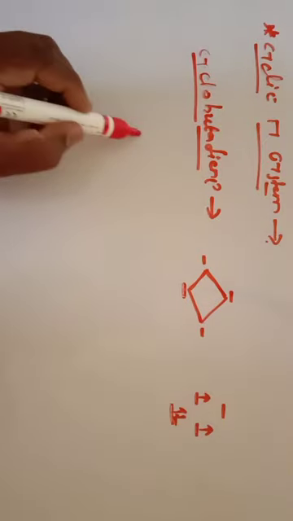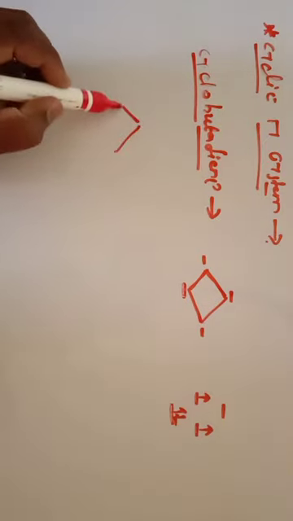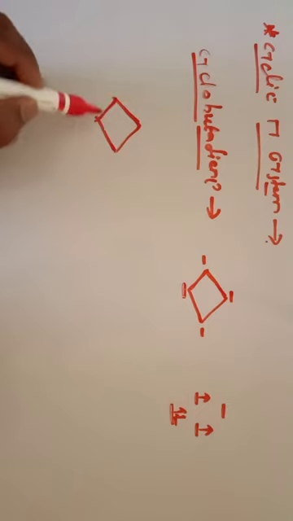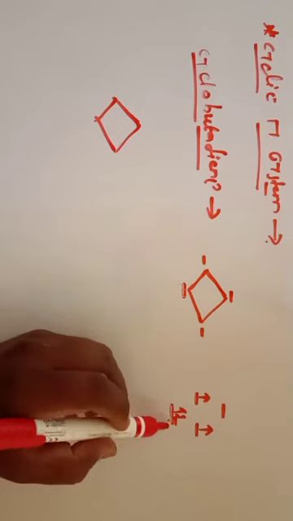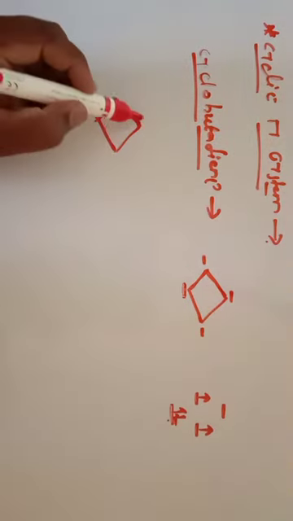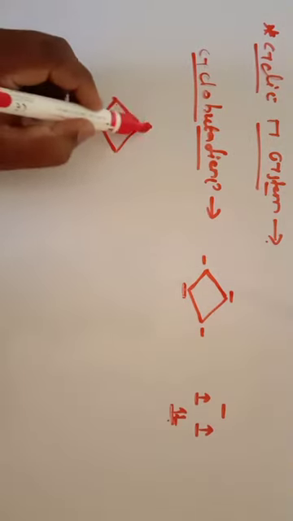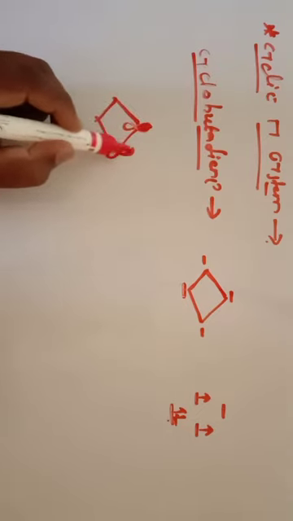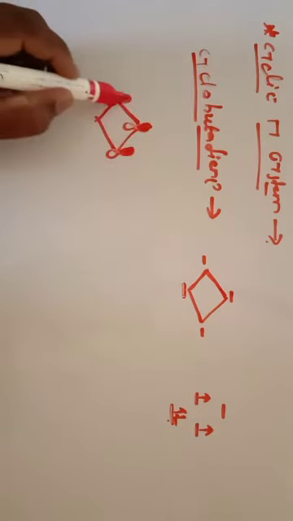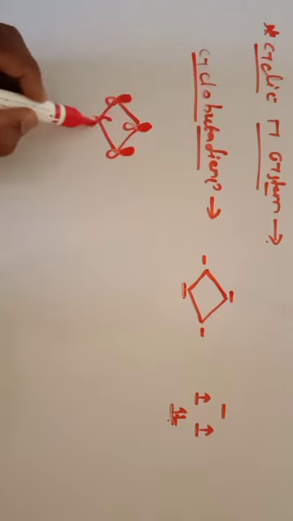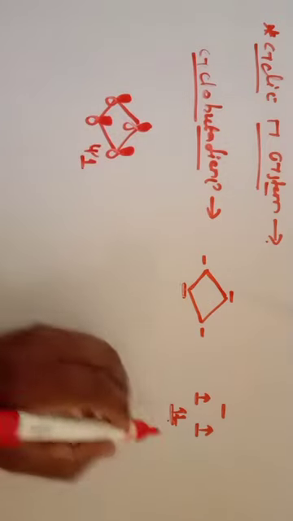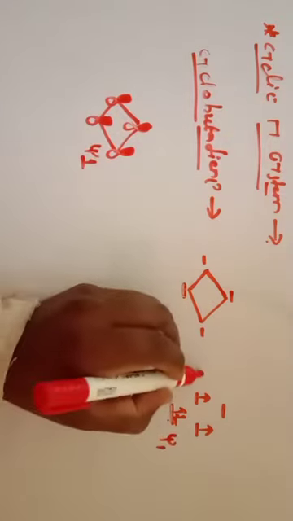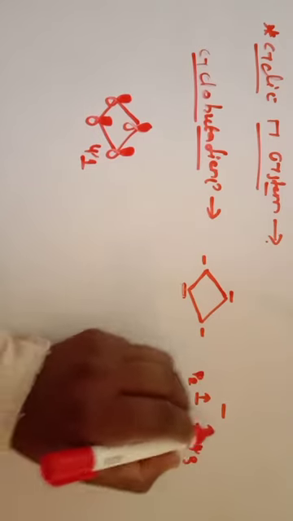If you consider this system, in this bonding pi molecular orbital, all p orbitals are in the same phase. So this is your psi 1. This is psi 2, psi 3, and psi 4.